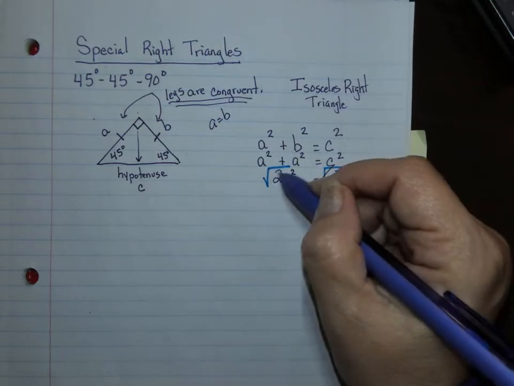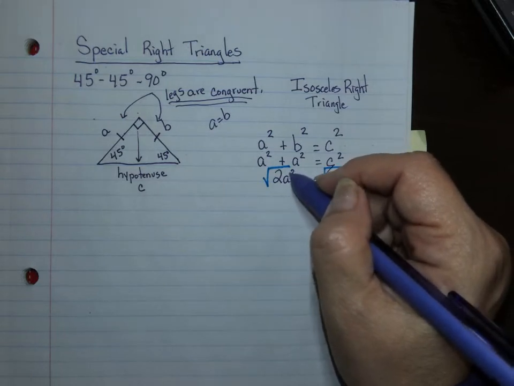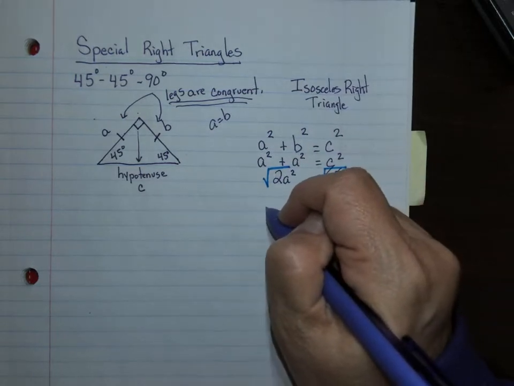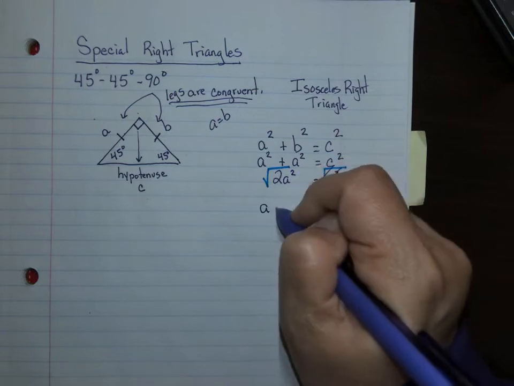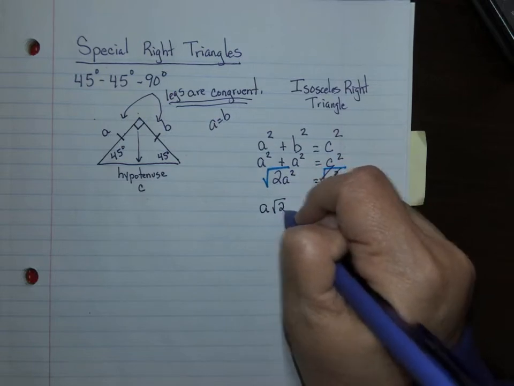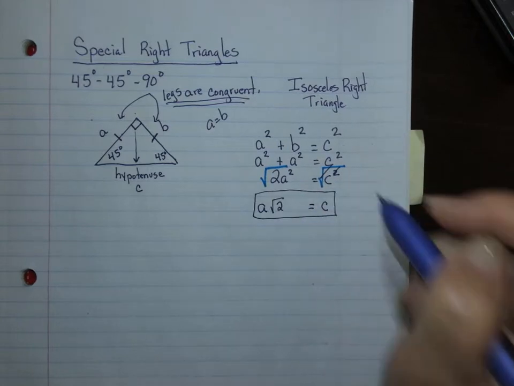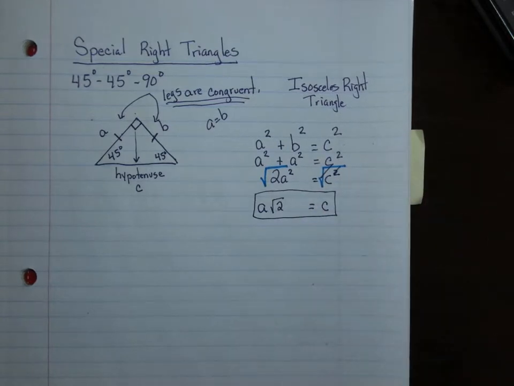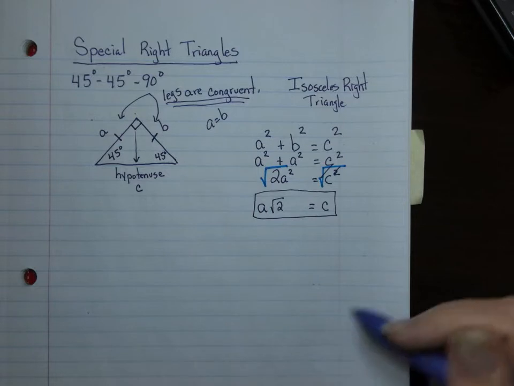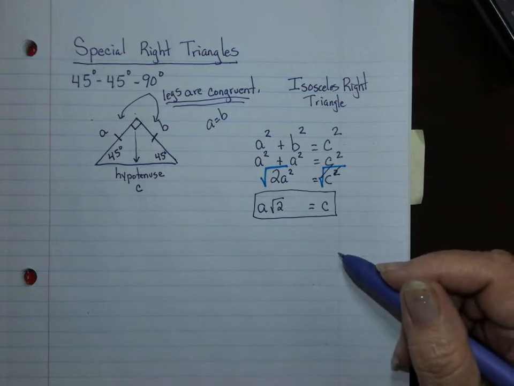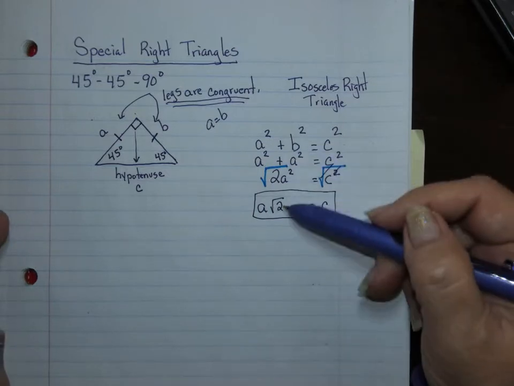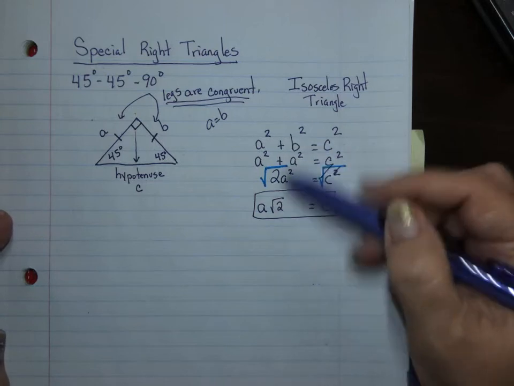And when I take the square root of the A squared, that undoes each other, and that leaves A. But the 2 stays under the square root. So that's the Pythagorean theorem, and I've worked it out.